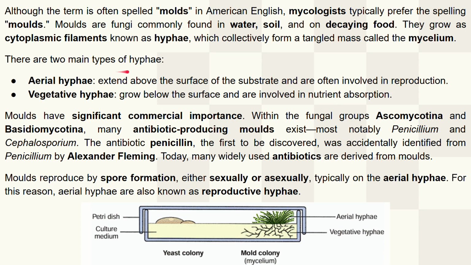So there are two main types of hyphae. The first one is aerial hyphae, and the second one is vegetative hyphae. Aerial hyphae extend above the surface of the substrate and are often involved in reproduction. Looking at this illustration, focusing on the right side, we have this aerial hyphae, found on the surface, above the soil.